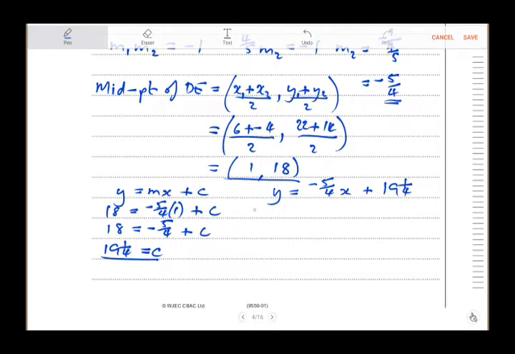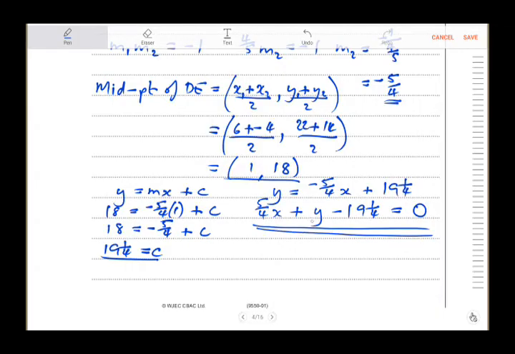On this side, I get 5/4 x + y - 19 1/4 = 0. All I've done is add 5 quarters x to both sides, which puts it over this side with the y, and take away 19 1/4 from both sides, which cancels it out on this side, leaving 0.